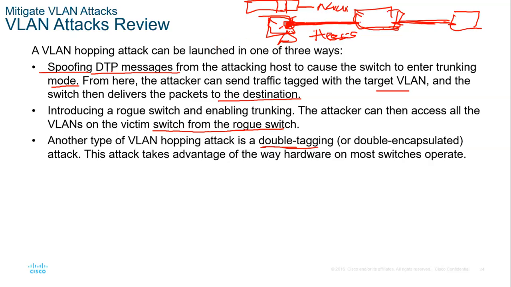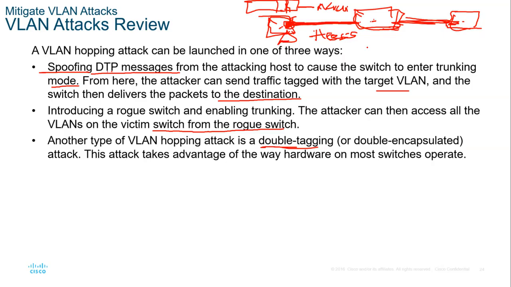And then when it reaches the other side, this switch will strip off the native VLAN tag and then send the inner one. When the inner one reaches this side, the switch is going to handle it appropriately to make sure that it goes to the right destination based on the VLAN tag there.